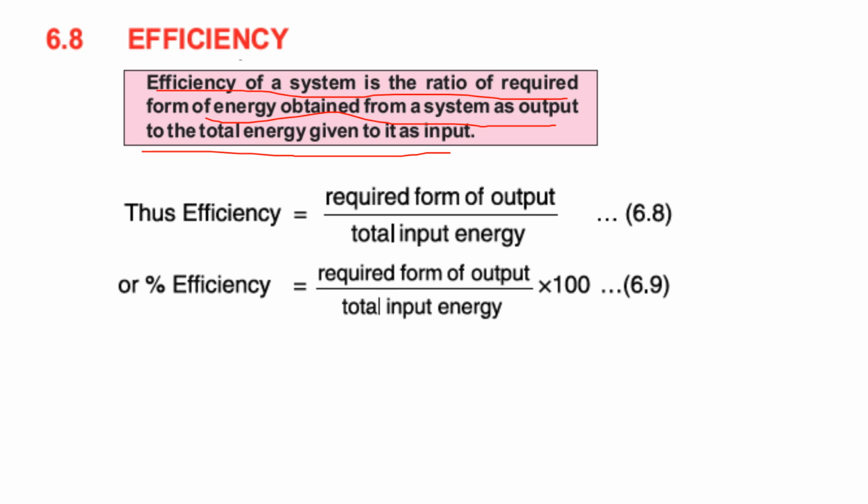So if we want to check how the machine is performing its task, we have to find out its efficiency. It depends on how much input we are giving to the machine, and in the result how much output we are getting from that machine, which tells us about efficiency. If you see the example of electric motors, they are used to pump water, to blow air, and to wash clothes.